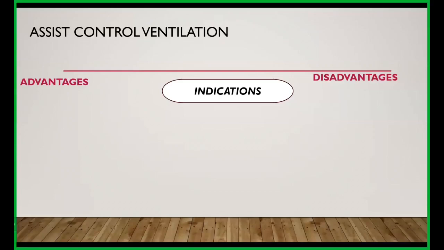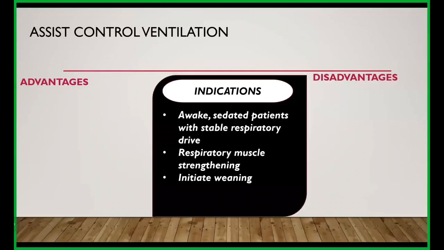Now, coming to the indications, advantages, disadvantages of your assist control ventilation. What are the indications? In the controlled ventilation, you require sedation and paralysis, whereas in this, the patient can have their respiratory drive. It is very, very important for the respiratory drive to cause a trigger. So awake patients, sedated patients, all these patients with stable respiratory drive can be put on the assist control ventilation.